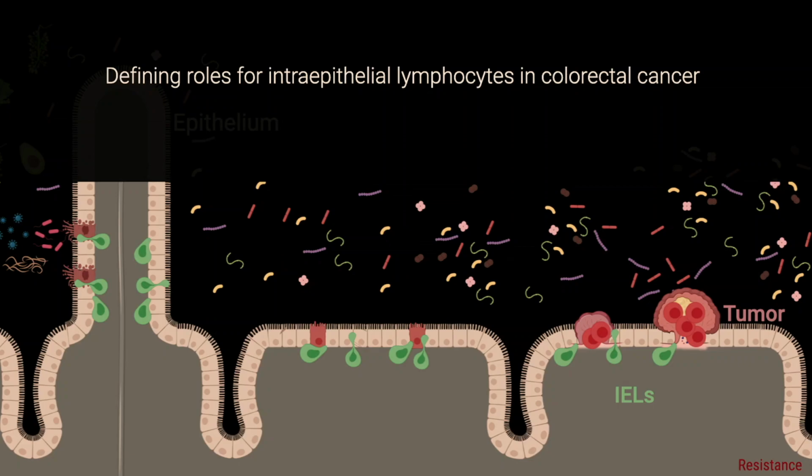However, as the tumor grows, it changes the microenvironment, and it also changes the type of T cells that are there. So you accumulate another subset of intraepithelial lymphocytes that are helping the tumor to grow. There are other subsets of IELs that are not cytotoxic and that produce pro-tumorigenic cytokines, so they help the tumor to grow in size. So that's the study that we looked at, a kind of analogous question to what we addressed.